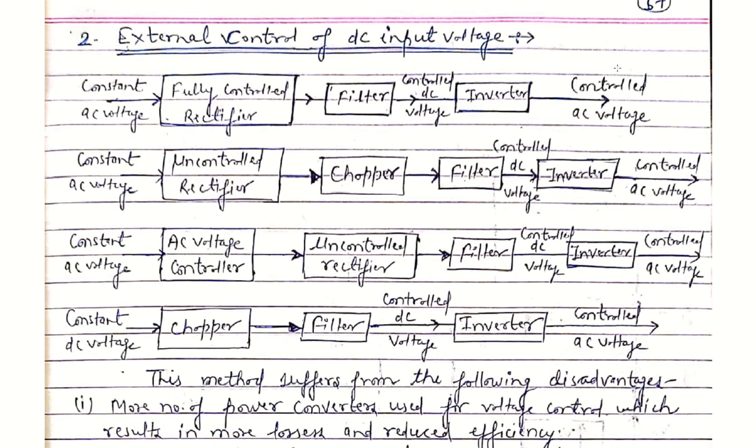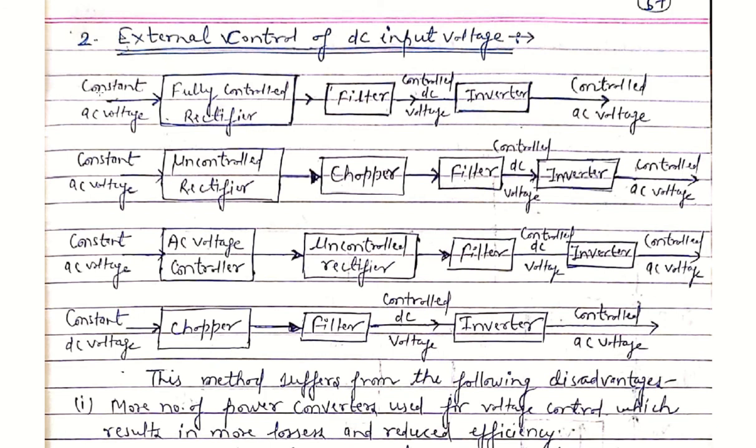To obtain the controlled AC voltage at the output side, we apply several controls using controllers which convert AC to DC. The inverter side requires a controlled DC input voltage, so to obtain the controlled AC output voltage, we have to control the DC input voltage.